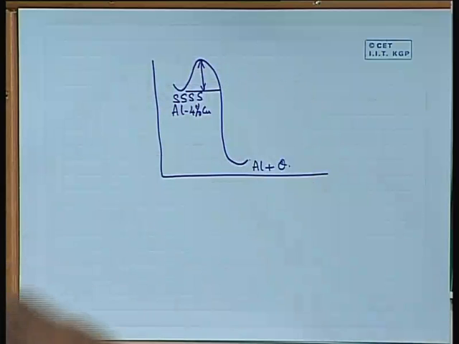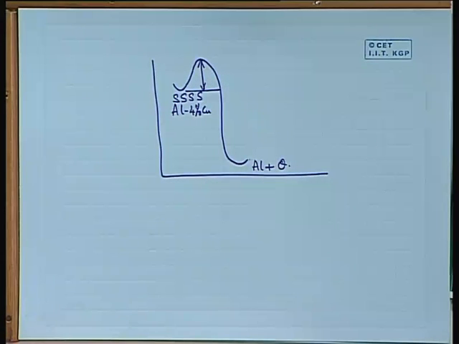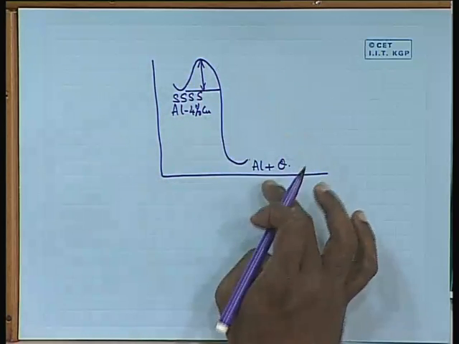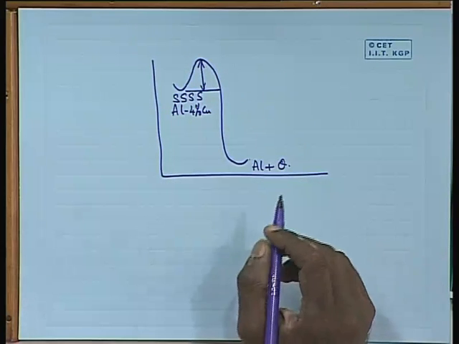Though there is a large driving force also, because the structure of theta phase is much different from that of the FCC, which is the parent phase, a solid solution of copper in aluminum is nothing but the FCC phase. So from that, if the theta has to come out, it has a large activation barrier.